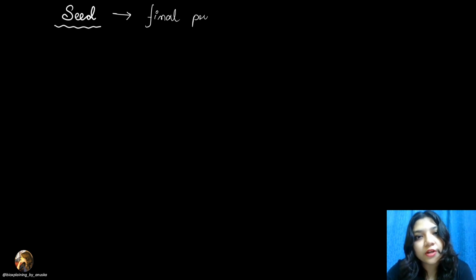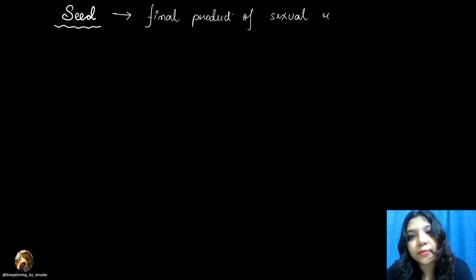Okay, so in our previous video, we have discussed the development of the endosperm and the development of the embryo in detail, right? So what we can say is the seed is the final product of sexual reproduction.